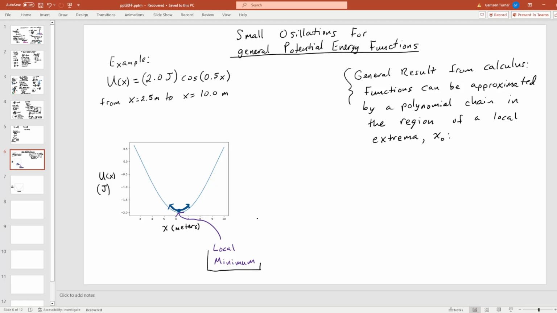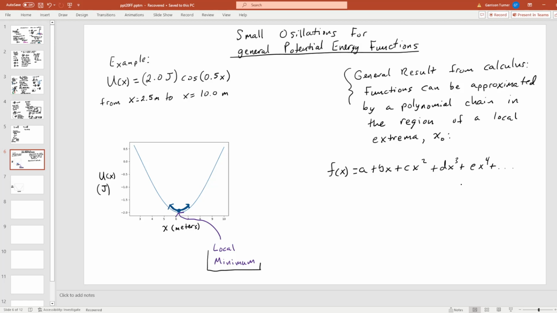And so the idea here is that no matter what your function is, you can approximate any function with a string of polynomials, where your A, B, C, D, and E are some appropriately chosen coefficients.